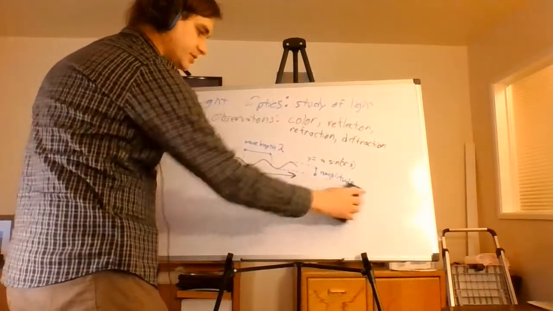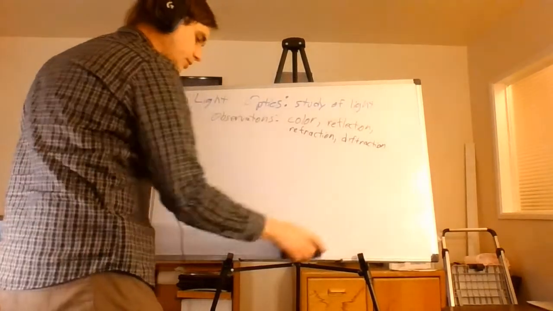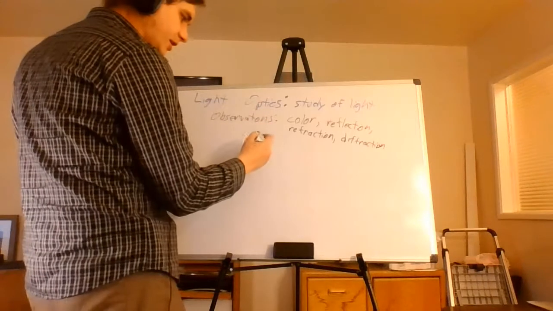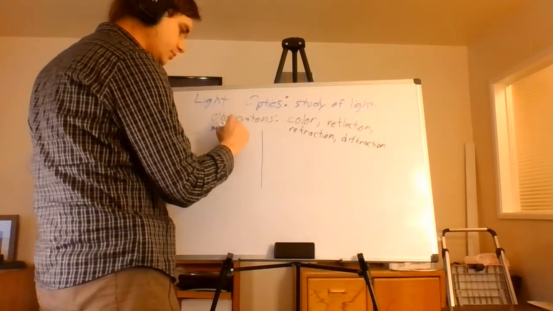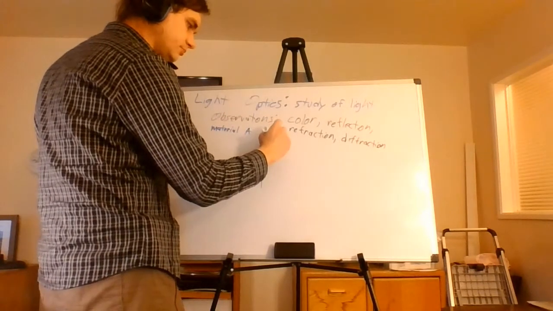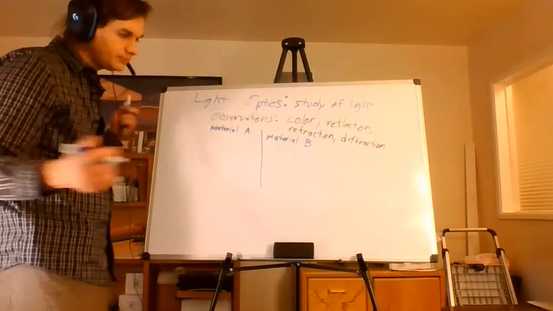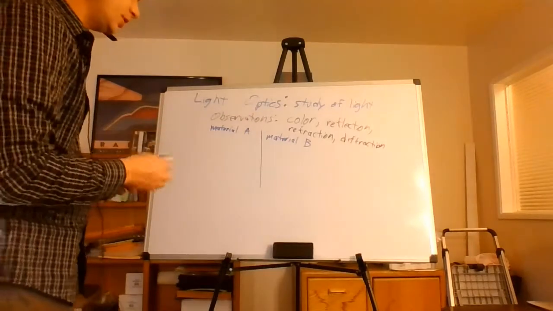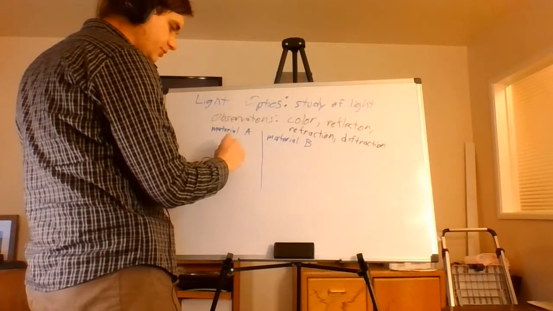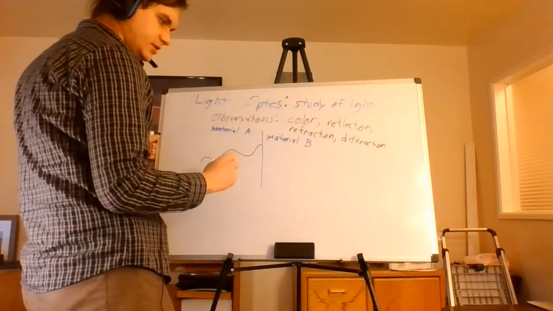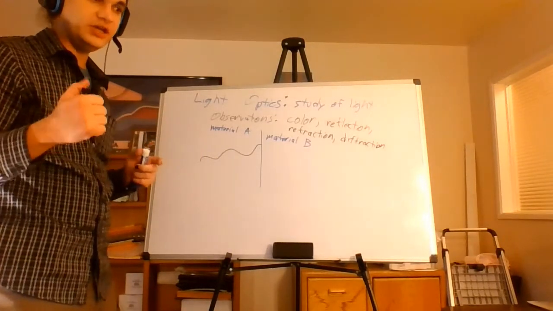Here's how this explains refraction. If you have a barrier between two materials, material A and material B, let's say air and glass as an example, and you've got light coming in with a certain wavelength and hitting it, what changes in the wave is the wavelength.